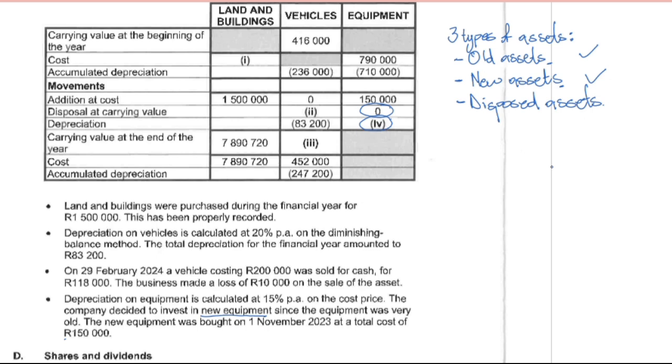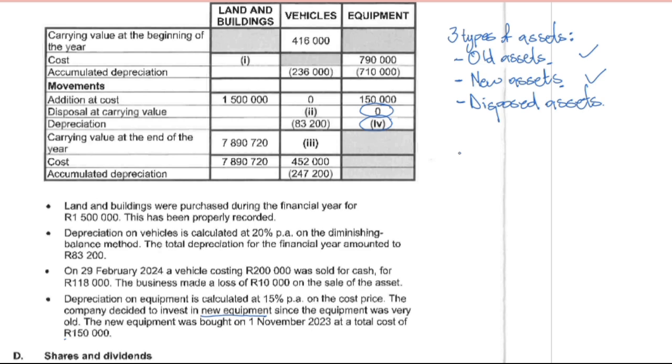We are going to calculate depreciation on the old equipment separately from the depreciation on the new equipment, and then we will add the 2 amounts together to get the total figure for depreciation on the equipment. Let's start with the old equipment.